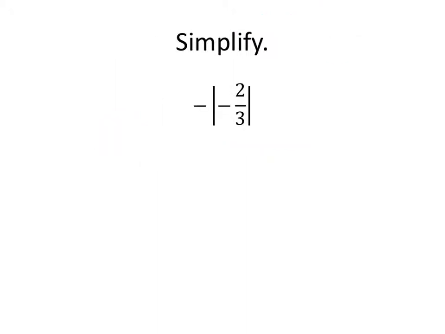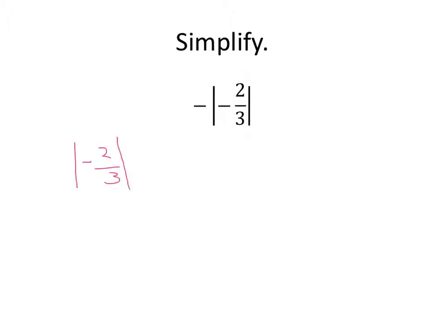Okay, let's simplify this. A lot of people get this one wrong. There are really two operations. First of all, the number inside the absolute value brackets is negative 2/3. The first operation is to take the absolute value of negative 2/3. What's the absolute value of negative 2/3?